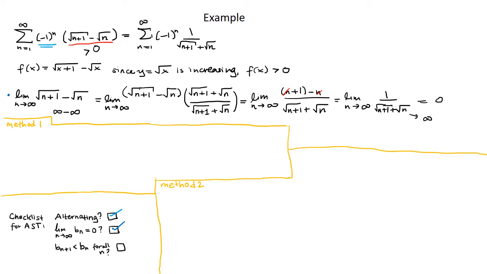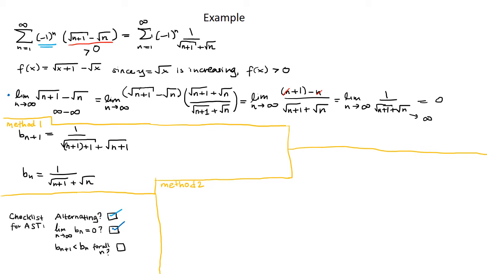And this is pretty easy to check, so why don't we take a look at bn plus 1. This is equal to 1 over the square root of n plus 1 plus 1 plus the square root of n plus 1. And bn is equal to 1 over the square root of n plus 1 plus the square root of n.